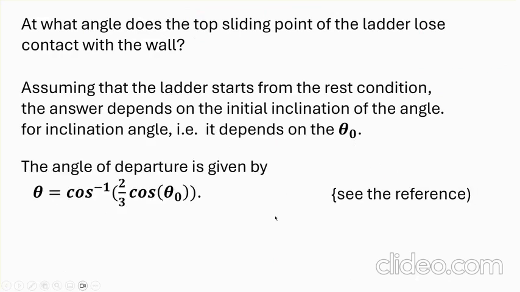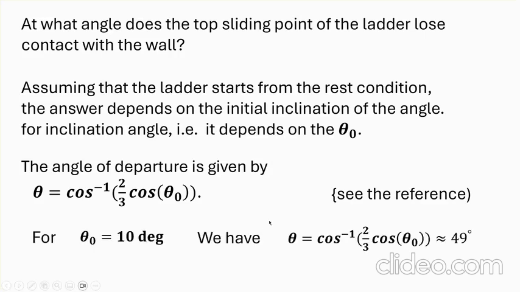In fact, in that reference, it is shown that if your initial leaning angle is theta naught, then the angle at which it leaves the wall, which means the normal reaction force N1 on the top becomes 0, is at this particular angle.